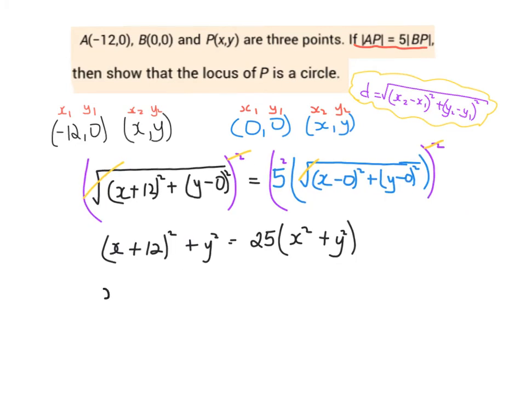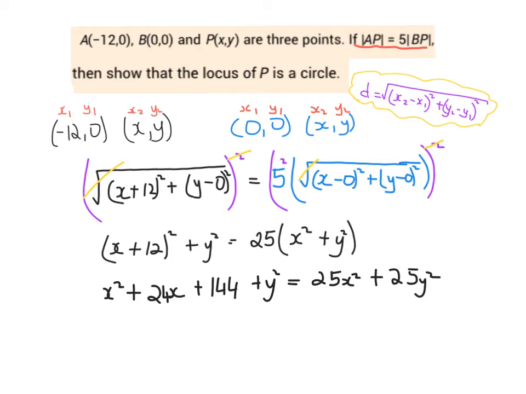This will give us x squared plus 24x plus 144 plus y squared is equal to 25x squared plus 25y squared.